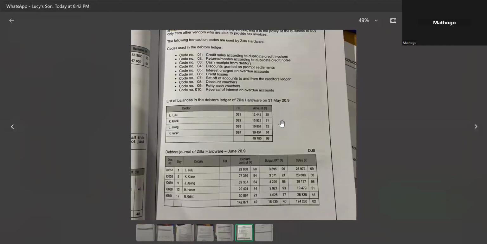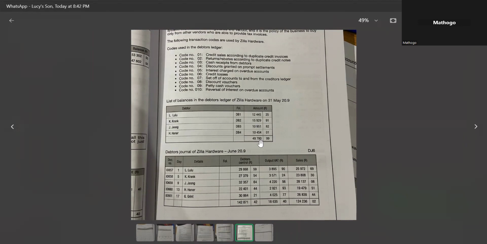Yes, sir. What am I trying to explain? I'm trying to help you understand why they've given you all of this information and where it will be used. So if I look at the list of balances in the debtors ledger for Zilla as on 31 May 20.9, 31 May is the previous month, right? And so these are the balances that they had in the debtors ledger.